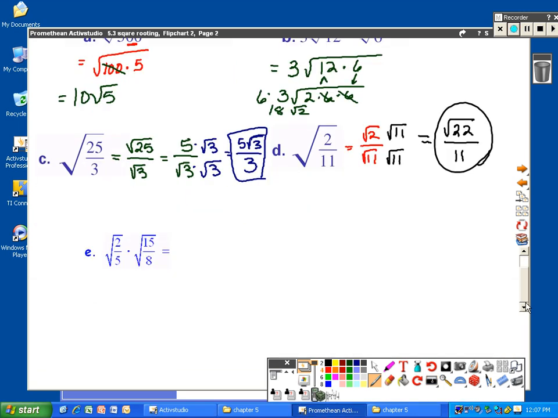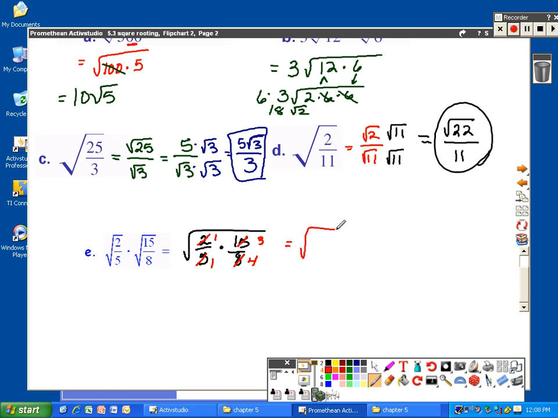One last one here. I have fractions in radicals again, but I have 2 radicals. So I could write it as one big radical. 2 fifths times 15 eighths. And in a fraction, anything from numerator to denominator will reduce. So 2 goes into 2 once, 2 goes into 8 4 times, 5 into 5 once, 5 into 15 3 times.